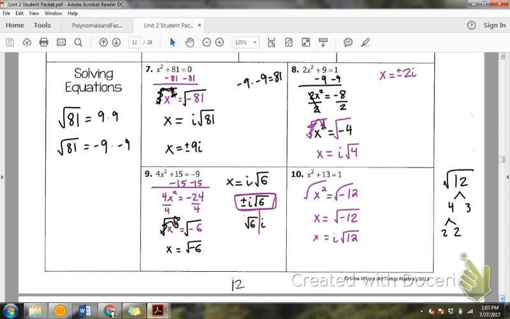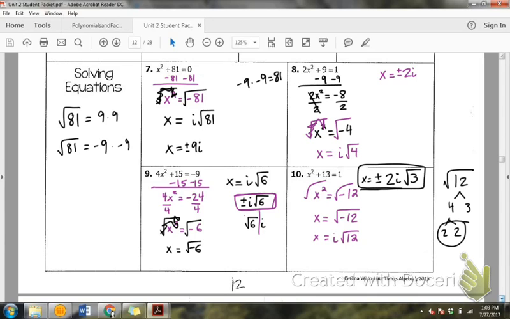Aha. Correct. So I have a pair of 2's. So this becomes 2i square root of 3. What goes in front? Plus or minus.